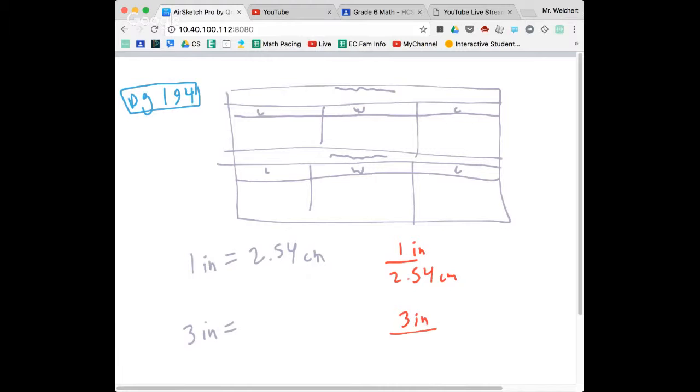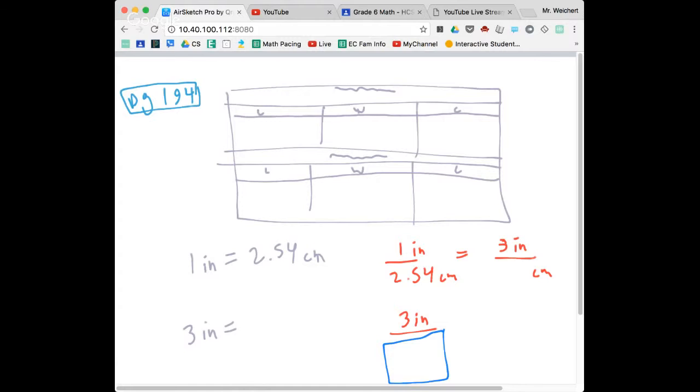At this point we don't know yet, but I hope you're seeing something familiar. We can take this ratio and write it over here. I'm just going to leave the bottom blank because we don't know it yet.